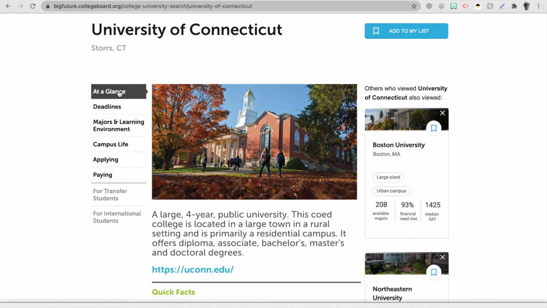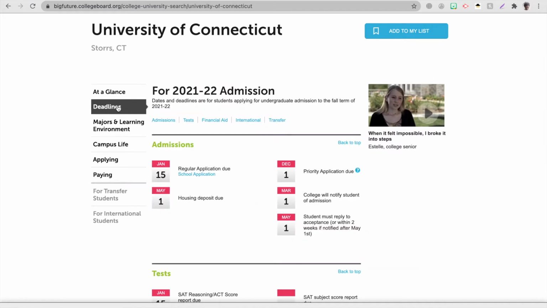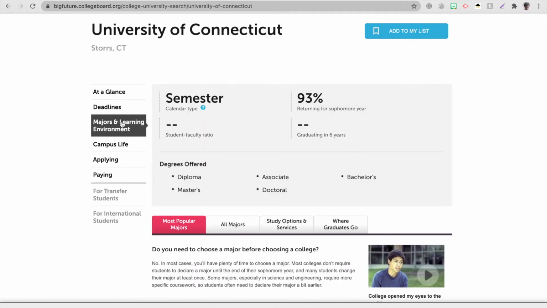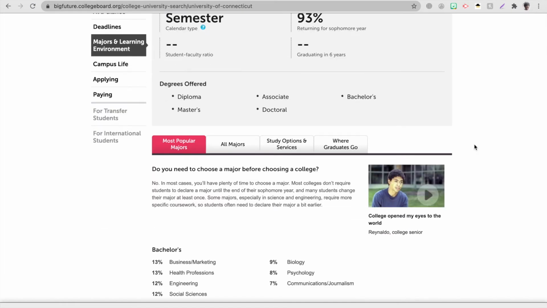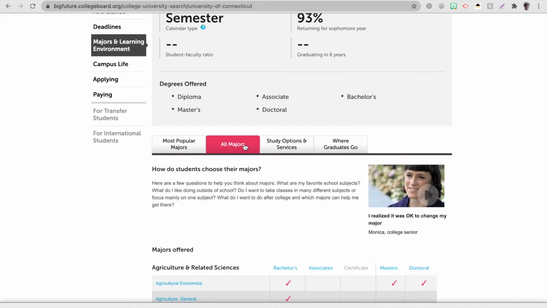It gives you information at a glance, so that's just quick information. It gives you information about deadlines, so when applications and things like that would be due. It gives you information on majors and learning environment. This would be really important to know if you know what degree you want or what you want to be. So you could check, it tells you all the different types of degrees that UConn offers, but you should also check to make sure that the school has the thing you want to do, and you would look at all majors for that.